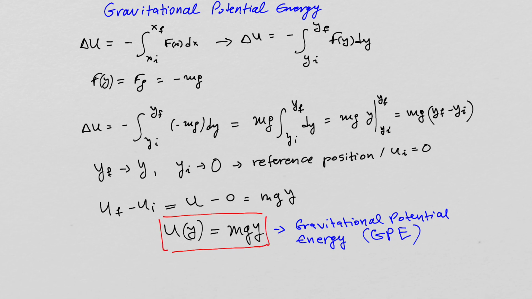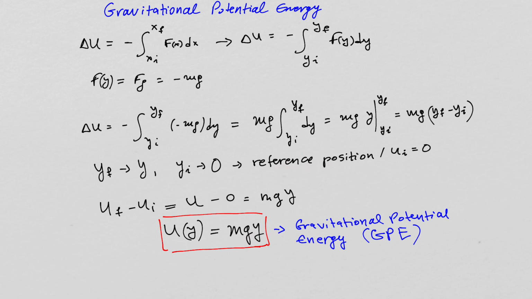So when we are calculating gravitational potential energy, we need to determine our reference position, or define what it is, or set it to what we want it to be. And then when we measure the distance vertically from that position, we calculate the gravitational potential energy of the object by multiplying the mass of that object by the gravitational acceleration by the vertical distance from the reference position.